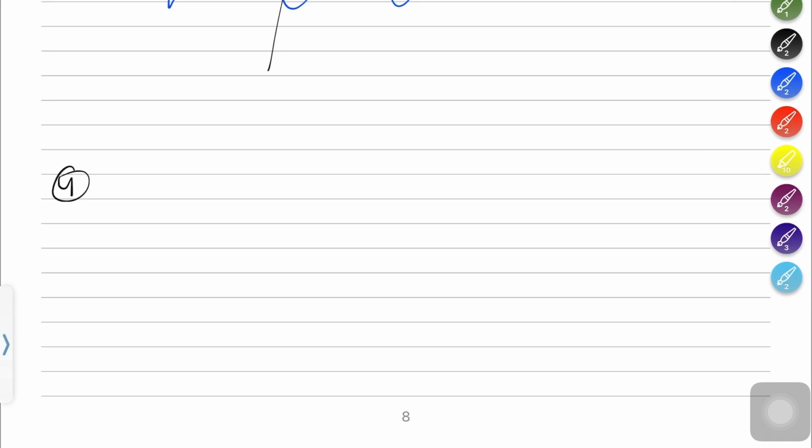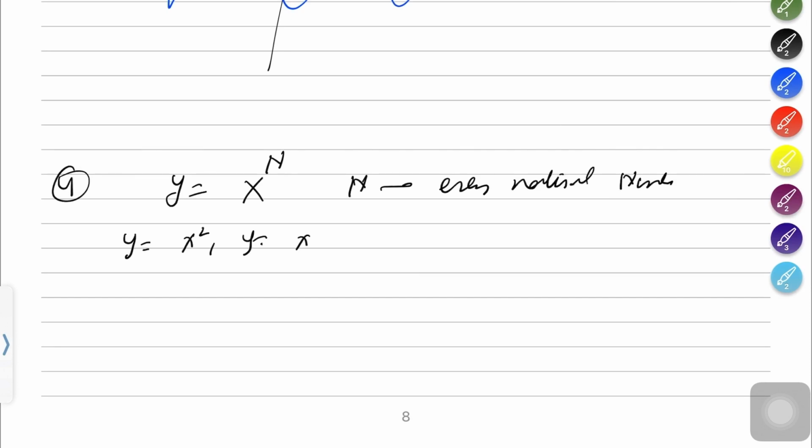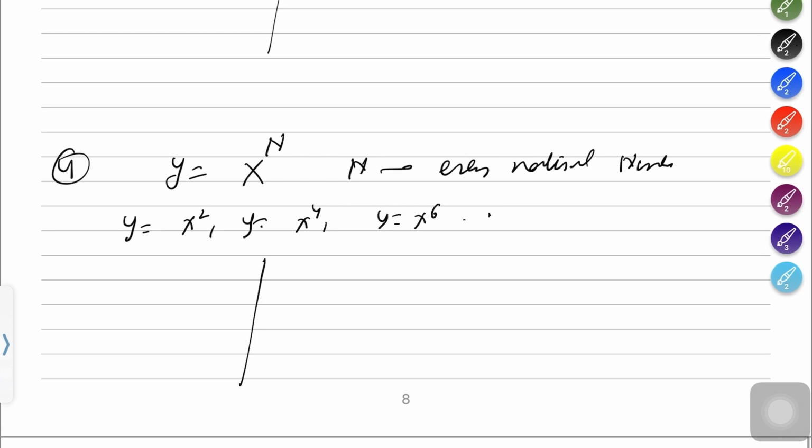Okay, so let's extend this part. Consider y equals x to the power n, where n is any even natural number. Let's say y is x square, or y is x power 4, or y is x power 6. All these graphs will look similar in nature, something like this only, though some difference is there.